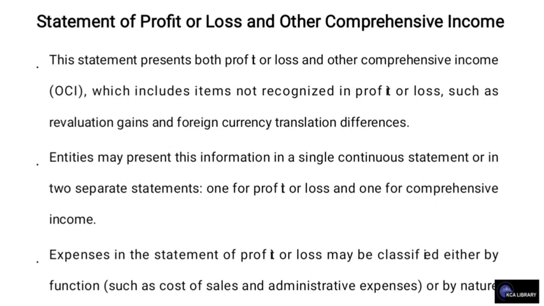Entities may present this information in a single continuous statement or in two separate statements, one for profit or loss and one for comprehensive income. Also, expenses in the statement of profit or loss may be classified either by function, such as cost of sales and administration expenses, or by nature.